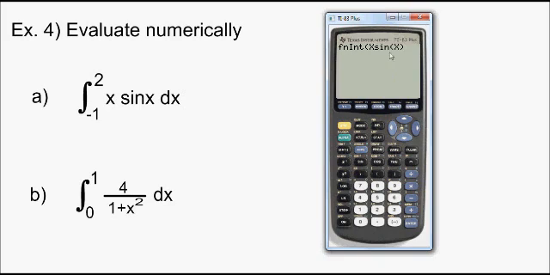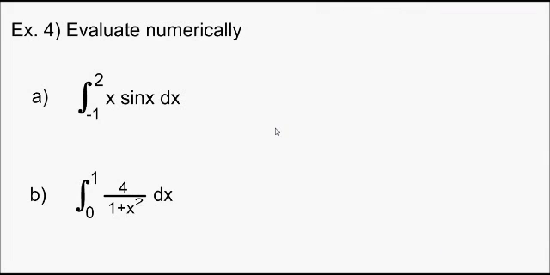Close the parentheses on sine, but not on the FNINT, comma, x, comma, the lower bound is -1, comma, the upper bound, which is 2. Close your parentheses and hit enter. And you should have about 2.043.